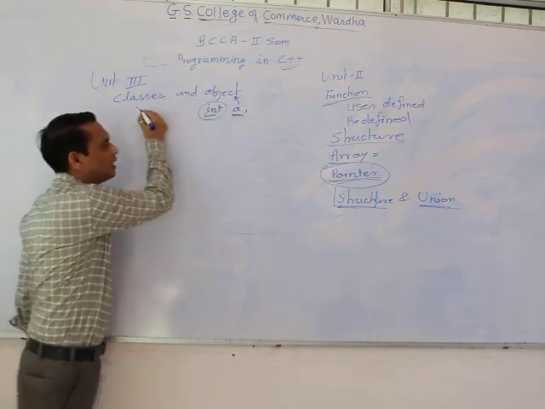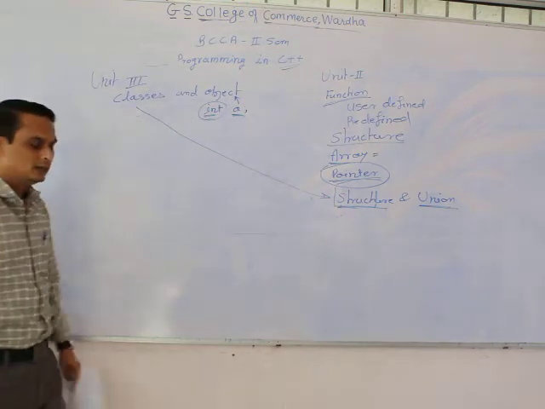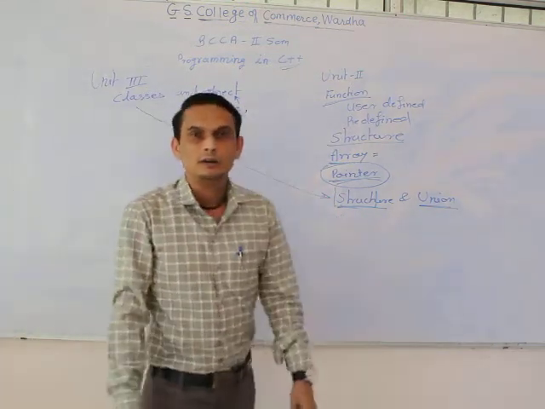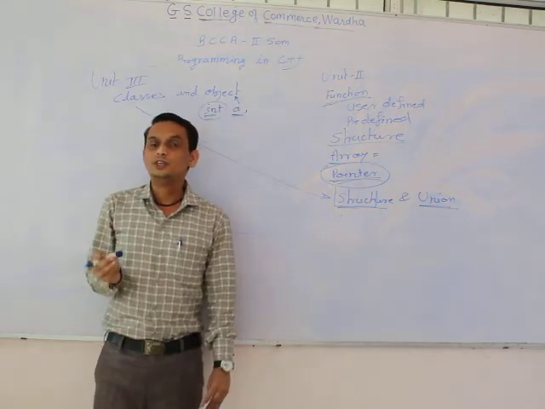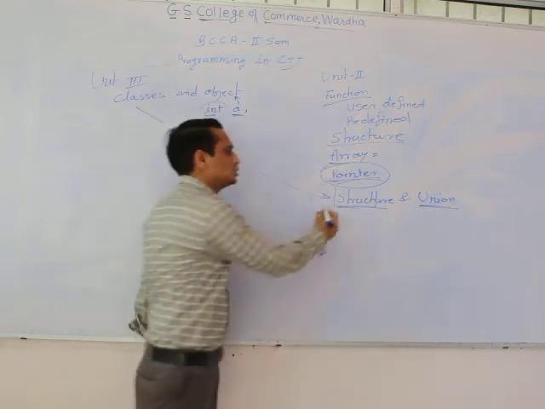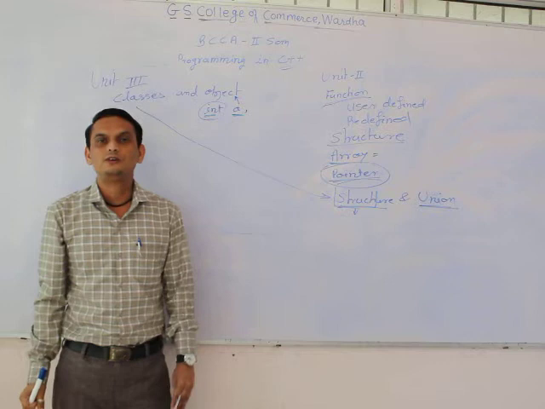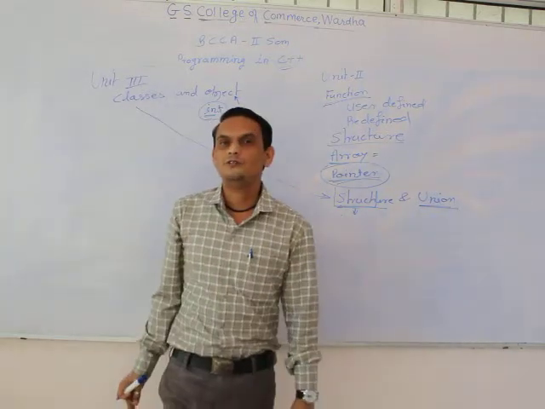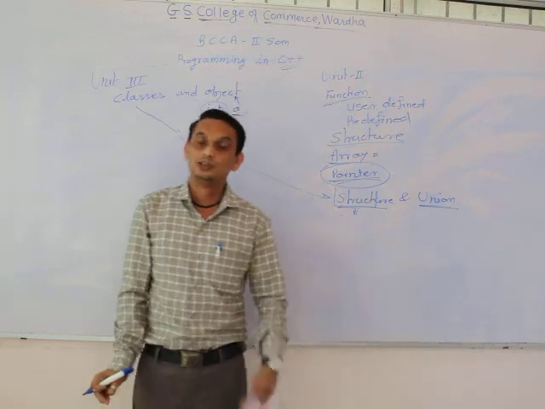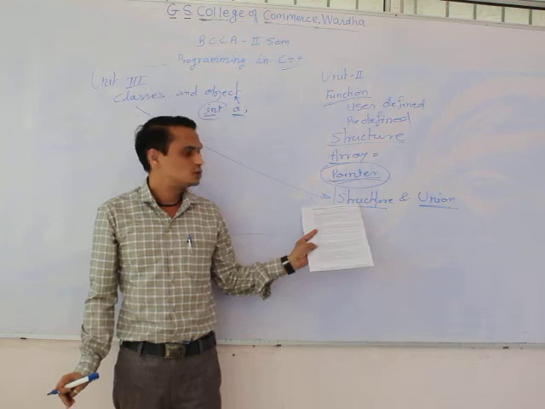Next, it is a class. A class is the same as a structure, but some most important features are added to the structure. A structure has a limitation: we cannot create a function in a structure. We just declare variables in a structure, or different types of variables can be contained in a structure body.